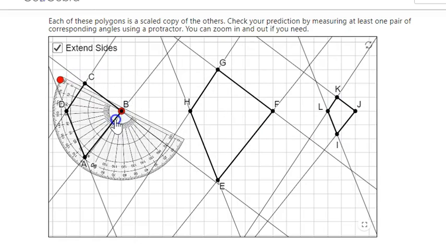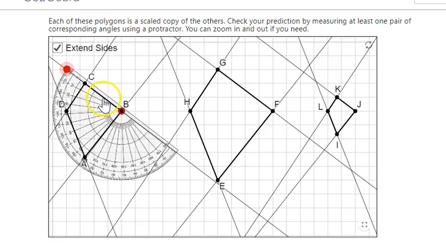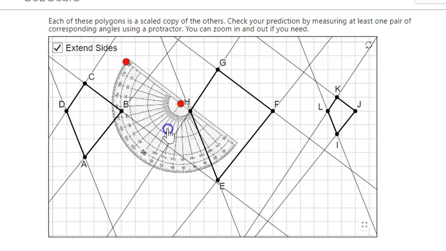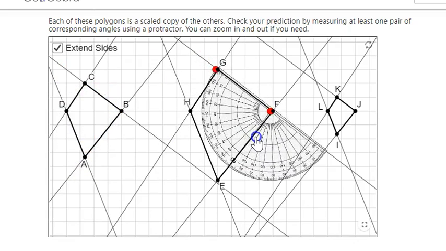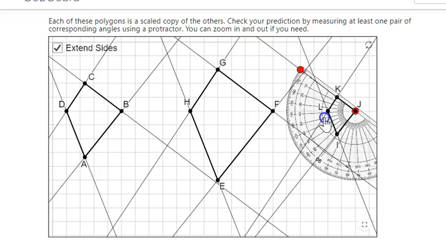All right, let me try this final one. Okay. Looks like that is a right angle. And that looks like a right angle. Now, it may be slightly off from what I'm using just because of moving everything.